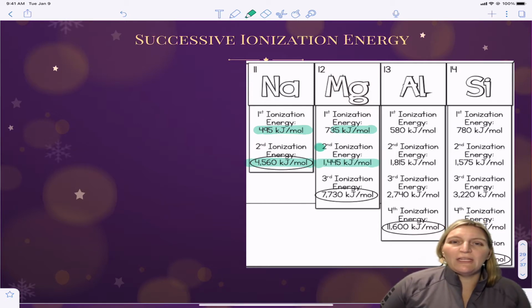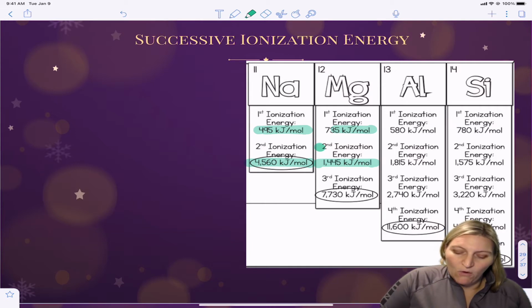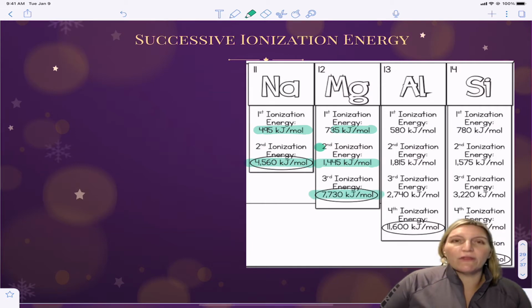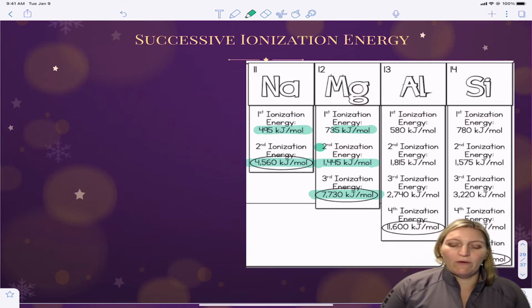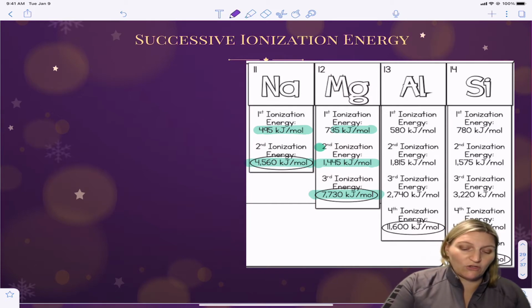But then you do see a very large jump when you go from the second to the third ionization energy. And you'll see that pattern keeps going with aluminum and silicon, that you don't see a huge jump until, with aluminum, the 4th ionization energy, and silicon, the 5th ionization energy.